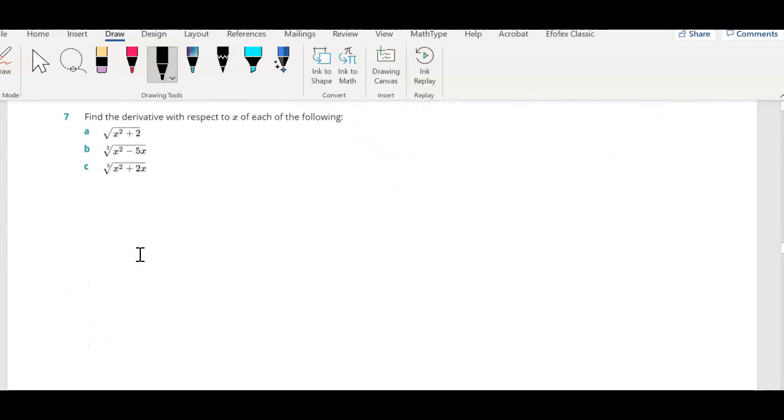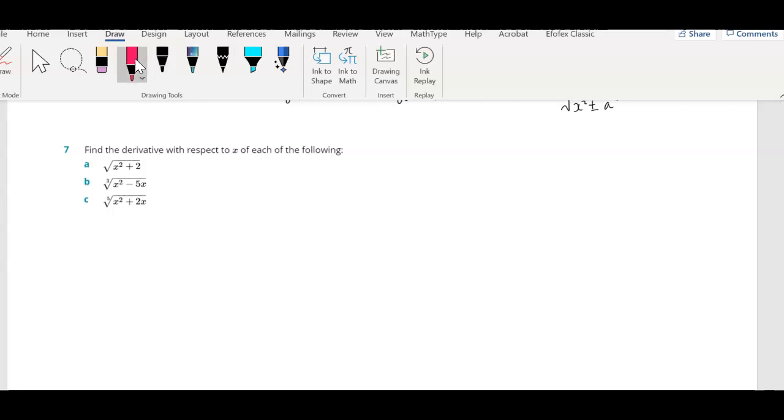All right, question 7. Just going to see how many questions we got. All right, one more, question 7. Let's do C, and then we'll finish the video. So we've got the fifth root of x squared plus 2x. So this is the same as x squared plus 2x to the power of 1/5.